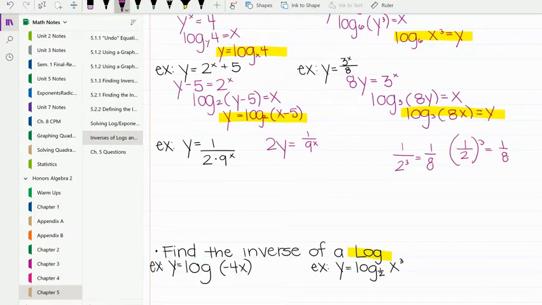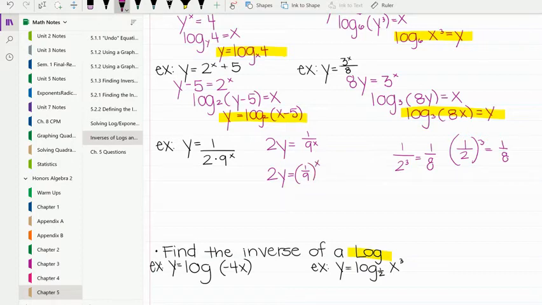So you're probably like, okay, what does that matter? Well, instead of writing 1 over 9 to the x, I could actually change this to 1/9 to the x power, because 1 raised to any power is always going to be 1. So this would actually be 2y equals 1/9 to the x power.